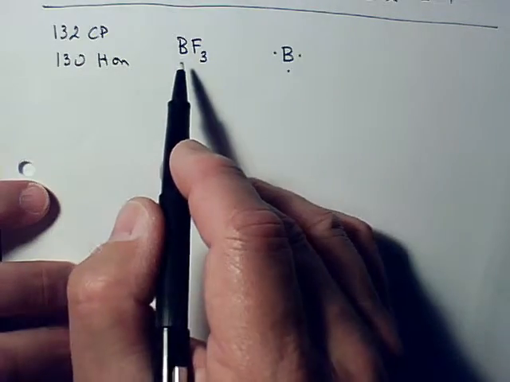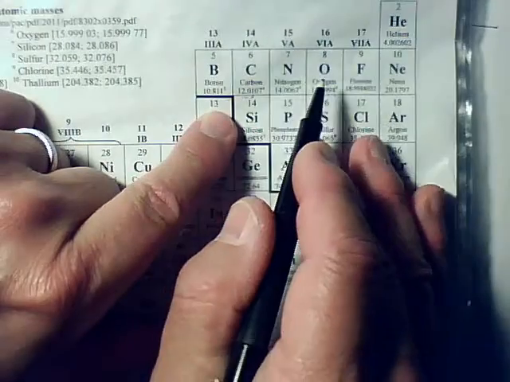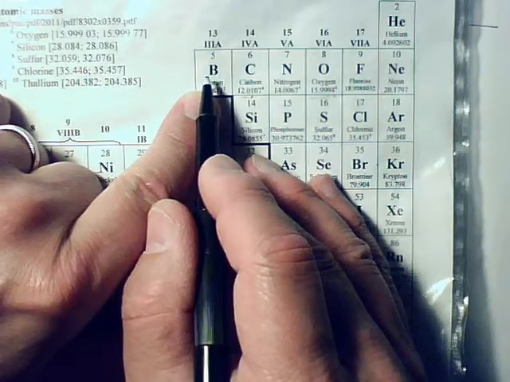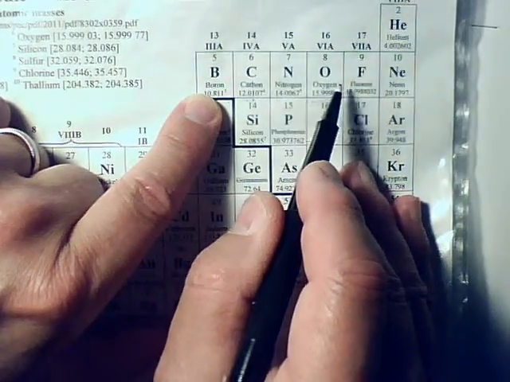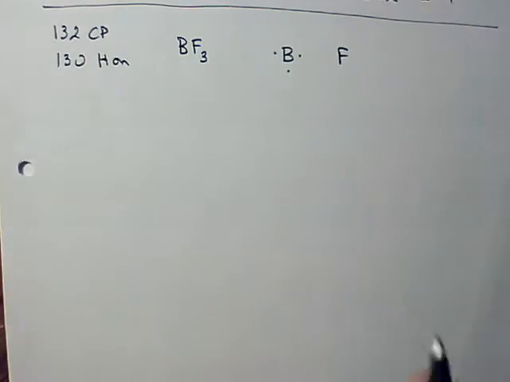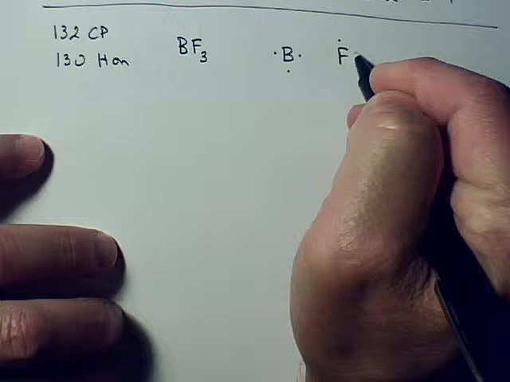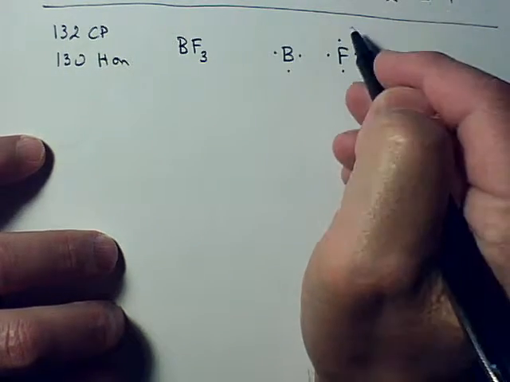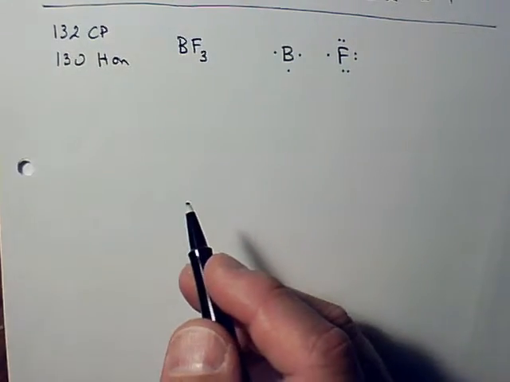And we're going to combine boron with fluorine. Fluorine is 1, 2, 3, 4 steps away from boron. So if boron had 3 electrons, carbon will have 4, nitrogen 5, oxygen 6, and fluorine will have 7 electrons. So we're going to put 7 electrons around the fluorine. Once we have 1 on each of the 4 sides, then we can pair up 1, 2, 3 more, for 7 electrons.